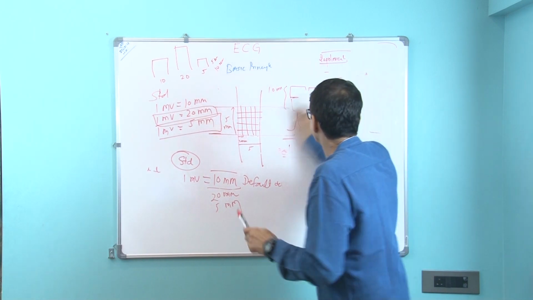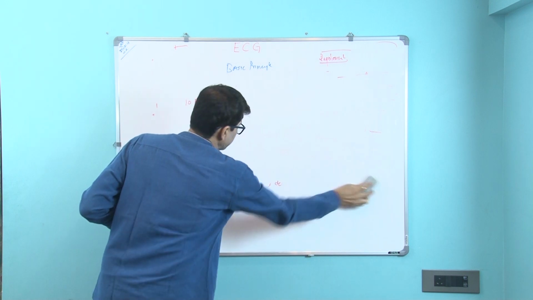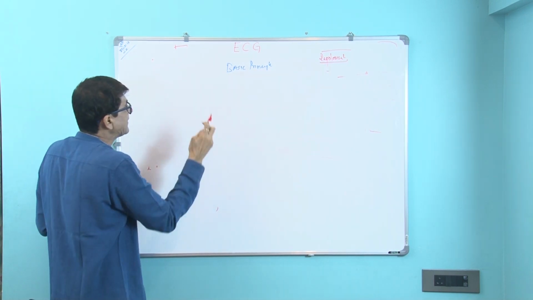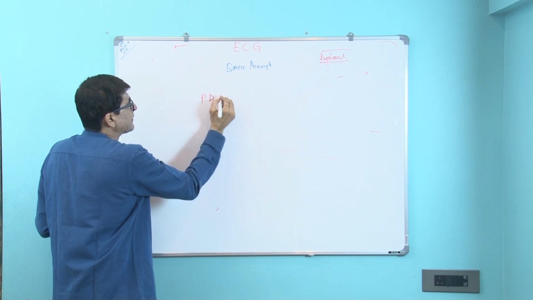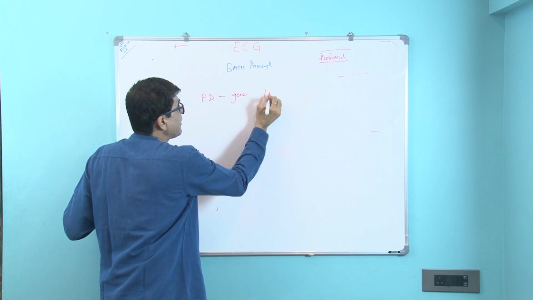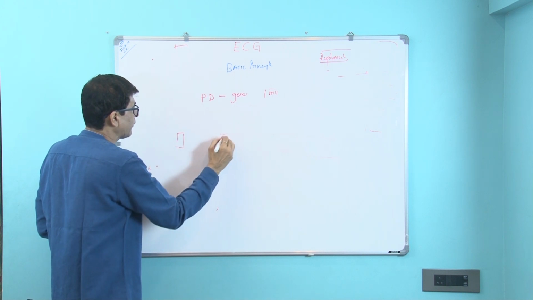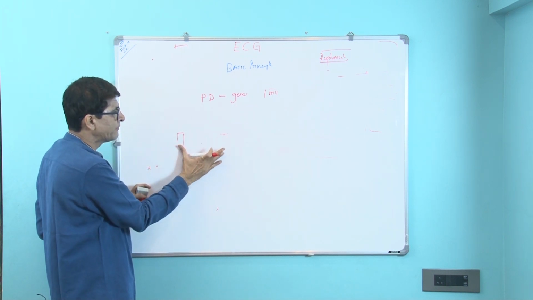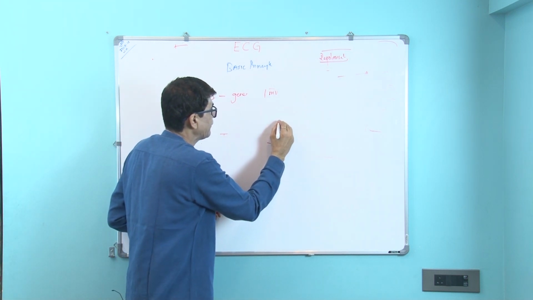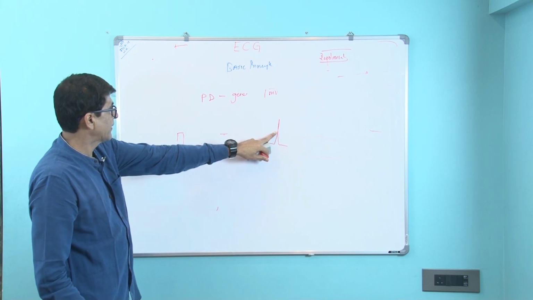I will summarize this again. See, do not get confused. ECG standardization is 10 millimeter per millivolt. So, when the potential difference generated by the heart between these two leads is 1 millivolt, it will record 10 millimeter of deflection by default.